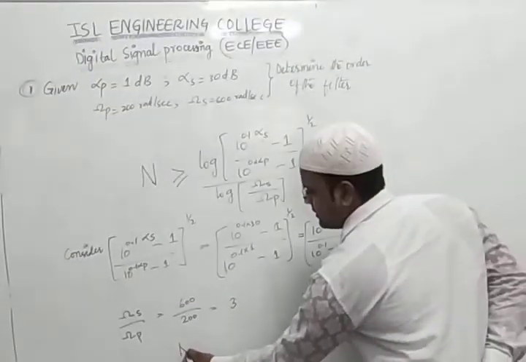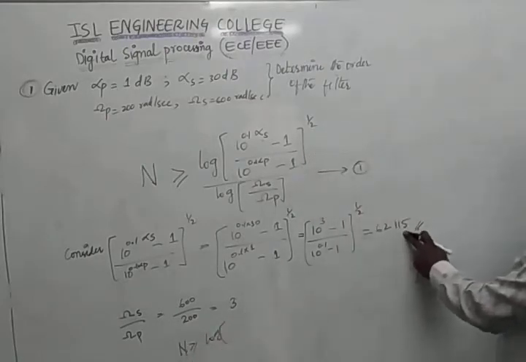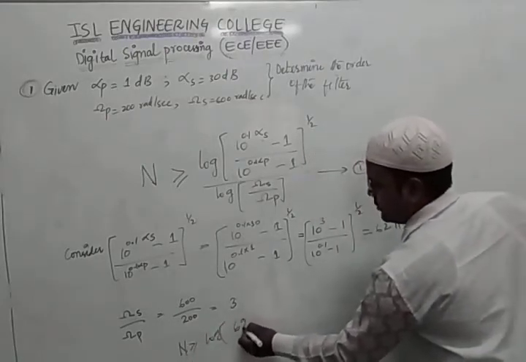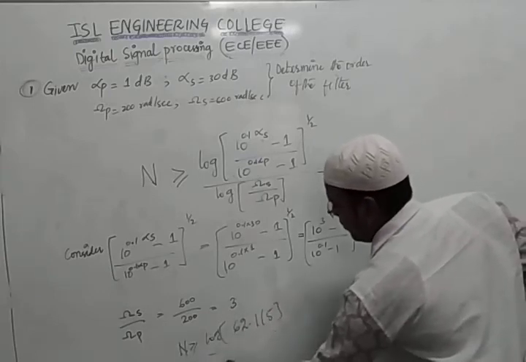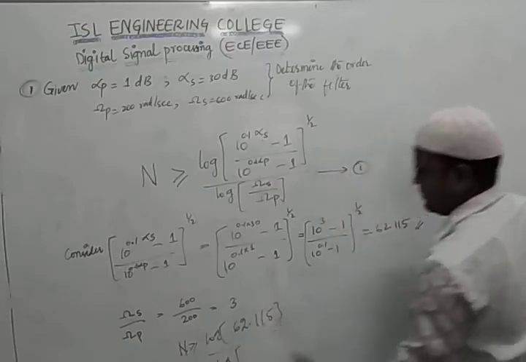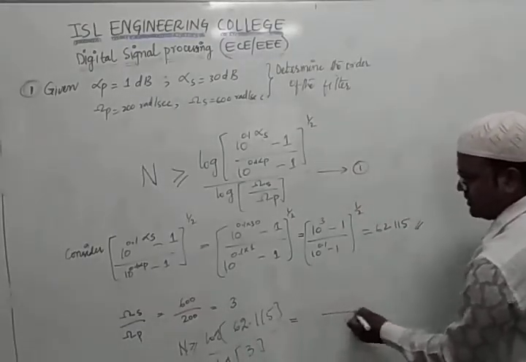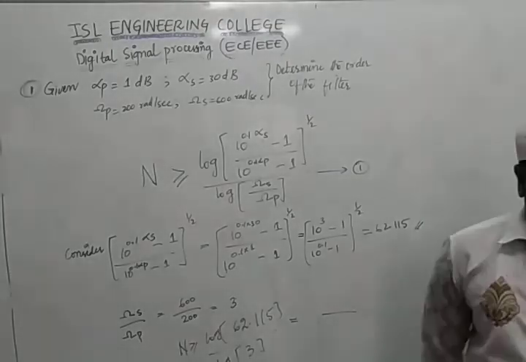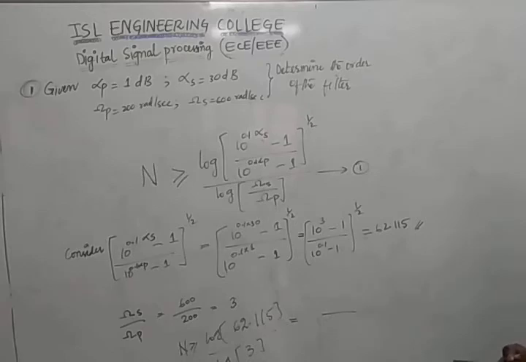So n is greater than log of, what is this value? 62.115 divided by log of, what is the second value we got? 3. So if I put this in calculator, what will I get?